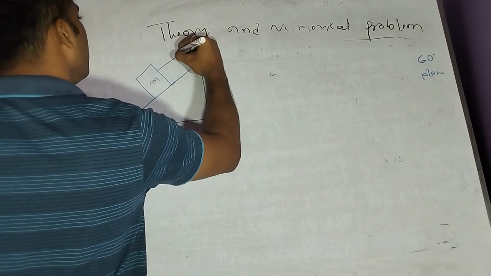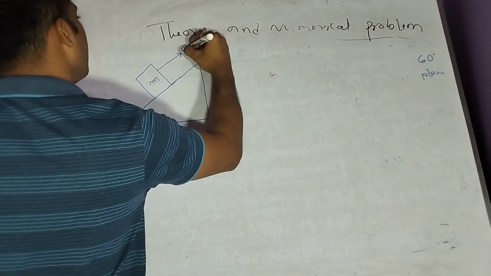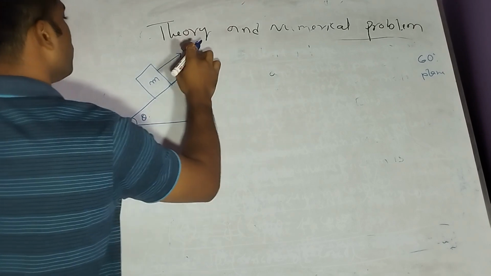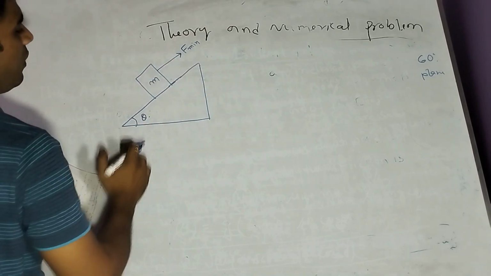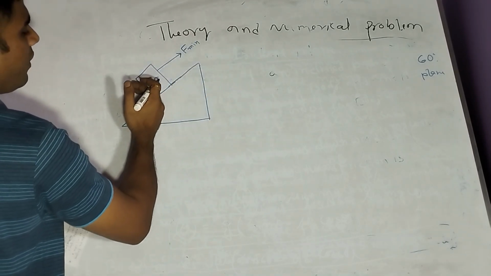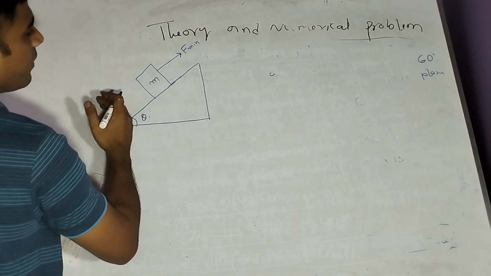If a force is applied, that means if a minimum force is applied on the body, it can stop the downward motion. What is F?